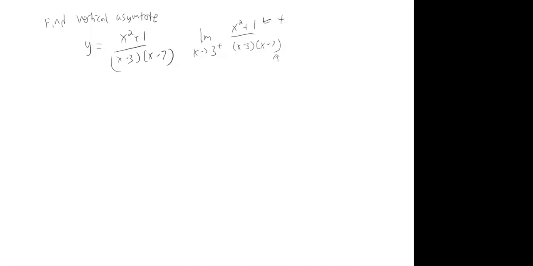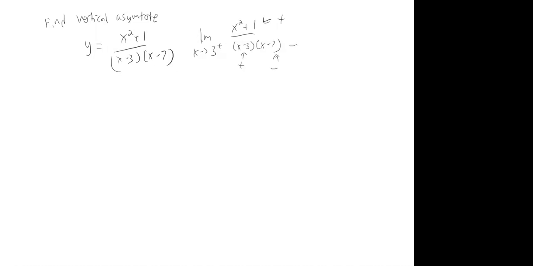Now if I plug in 3.1 here, 3.1 minus 3 is positive. 3.1 minus 7 is negative. So what is a positive times a negative number? Negative.